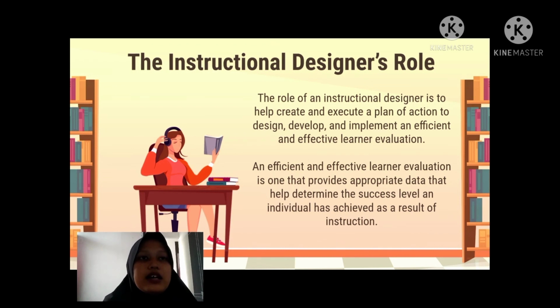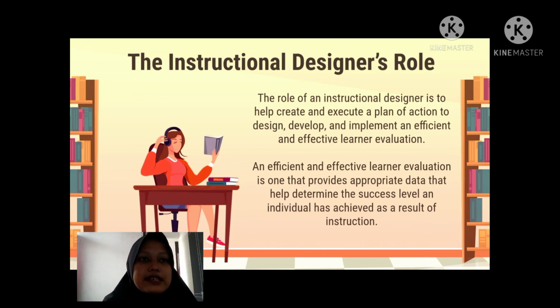First, analyze the instructional goals and objectives. Determine the intended learning outcomes. Second, based on the instructional objectives and learning outcomes, determine the appropriate type of learner evaluation needed. Third, design and develop the appropriate assessment techniques that will be used to gather data about the learner.